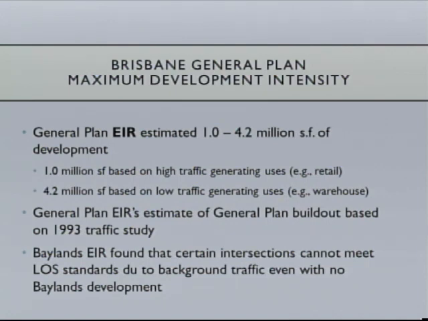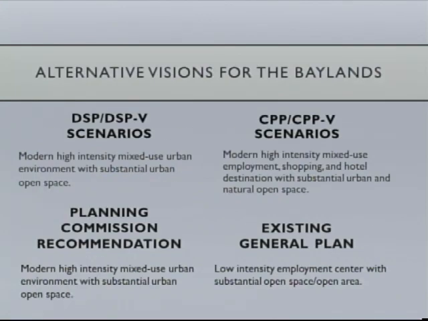So even if there is no development on the Baylands, 14 of 18 intersections will not meet their level of service standards. So one of the issues that the Planning Commission struggled with, and one of the questions to you as you go through your deliberations, is how do we reconcile policy that says meet our level of service standards, and that is how we'll set density for the Baylands, when background traffic, even with no development, exceeds those standards.